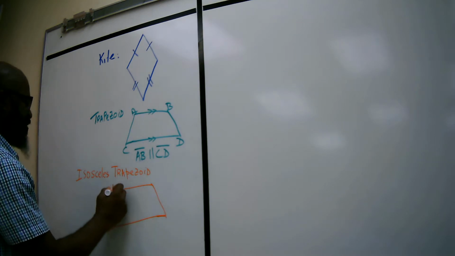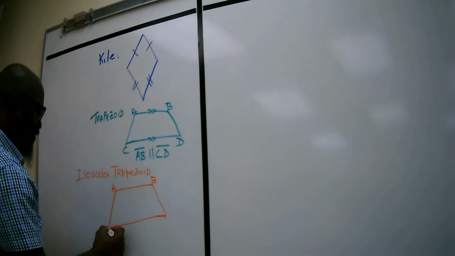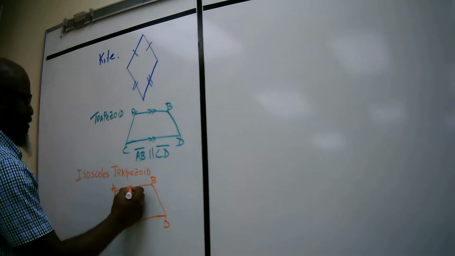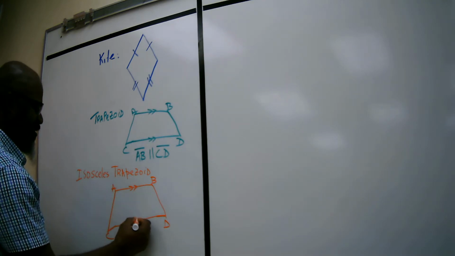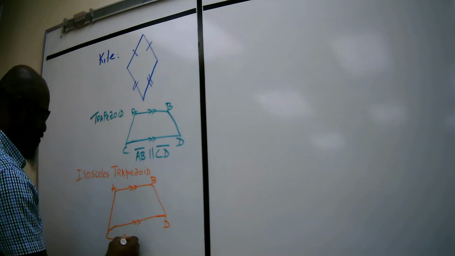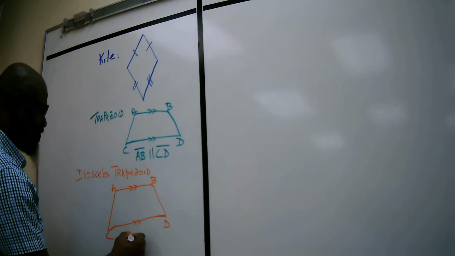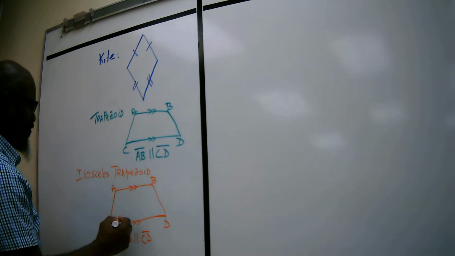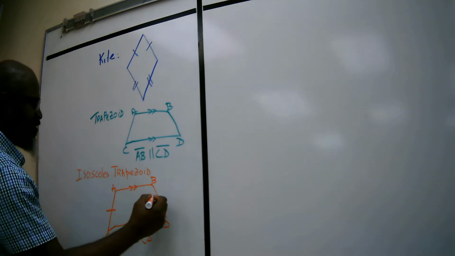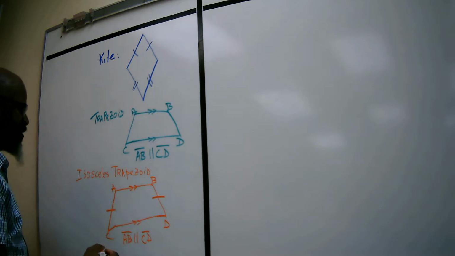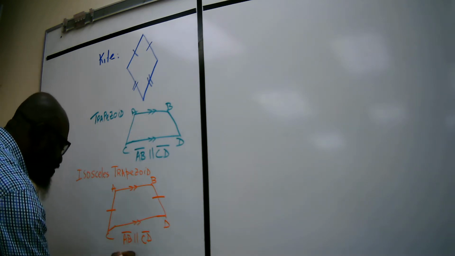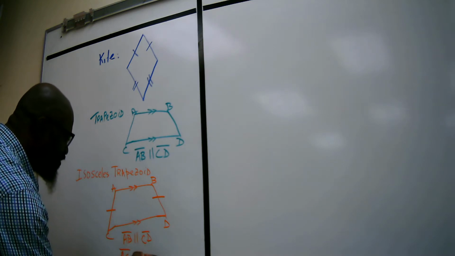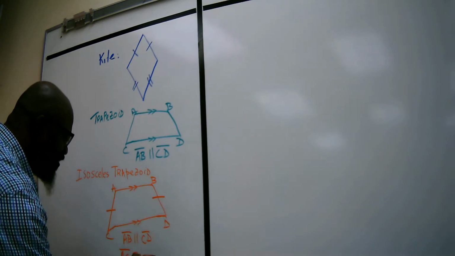Same property. AB is still parallel to CD. That's what makes it a trapezoid. However, AC is congruent to BD. That's what makes it isosceles.